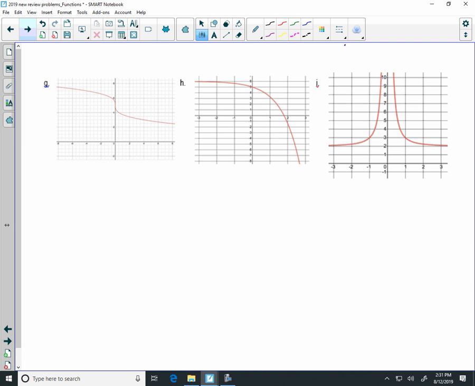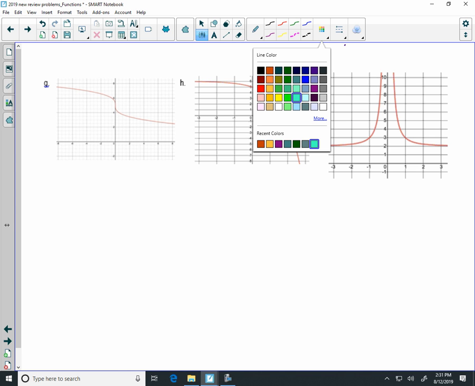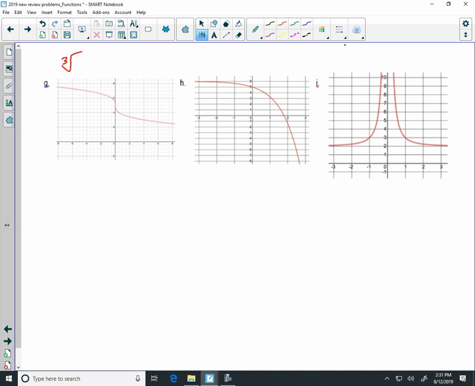Okay, 3 quick graphs. It's helpful to identify the parent function that goes with the graph, I think, although it's not 100% necessary. G is a cube root function. You can absolutely write up some transformations that go with that if you'd like to. I'd love to check them in class for you. Here, as x gets smaller, y is getting bigger.